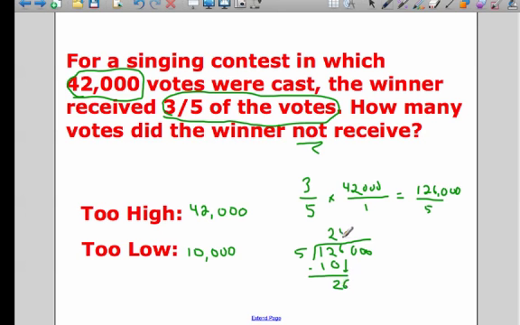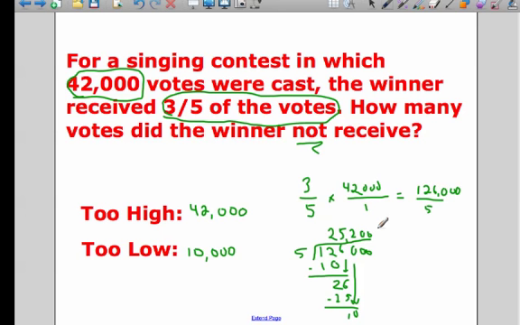I'm going to write that number right above the 6. We're going to subtract, bring down that 0 right there, and that goes in twice. And then we can put 2 zeros above these last 2 zeros, right? Because 2 times 5 is going to equal 10, and if we subtract, there's going to be nothing left. So 25,200 votes.